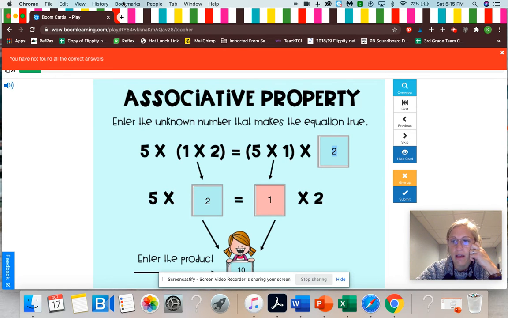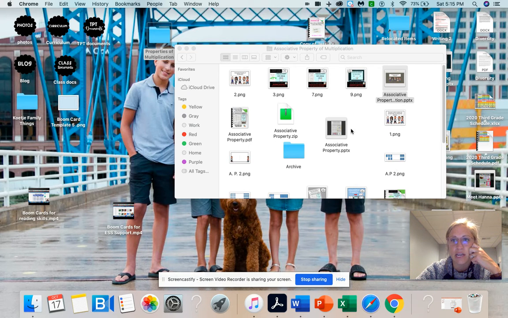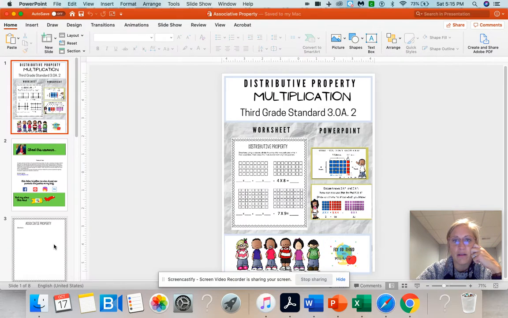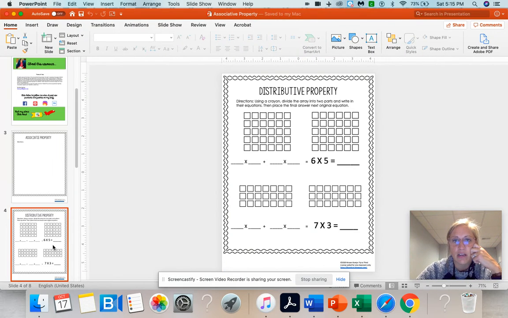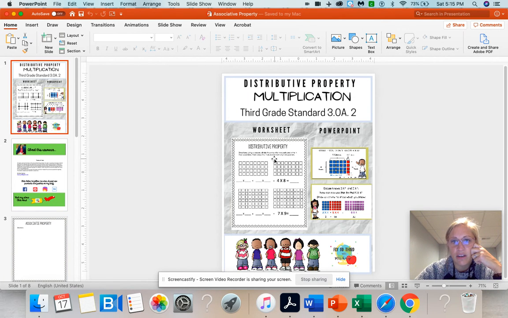When I have done that as a lesson, the next day I might follow up in my math workshop with some sort of guided independent activity. So here's the independent activity that I've created for this. That's a distributive property, sorry.